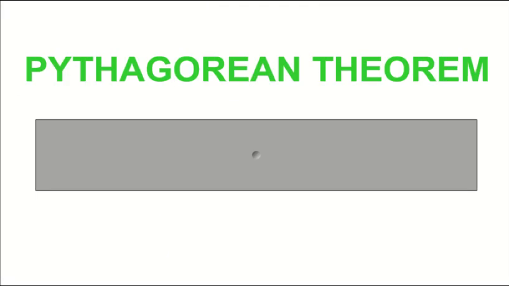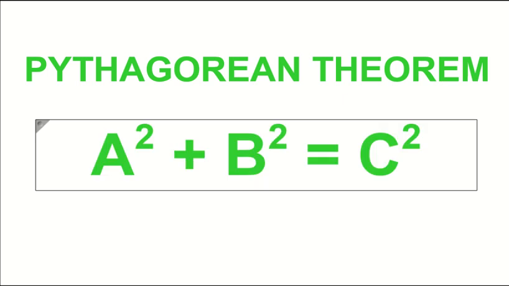So, Pythagorean Theorem, what that looks like is A squared plus B squared equals C squared. And we'll get that filled in with the next section.